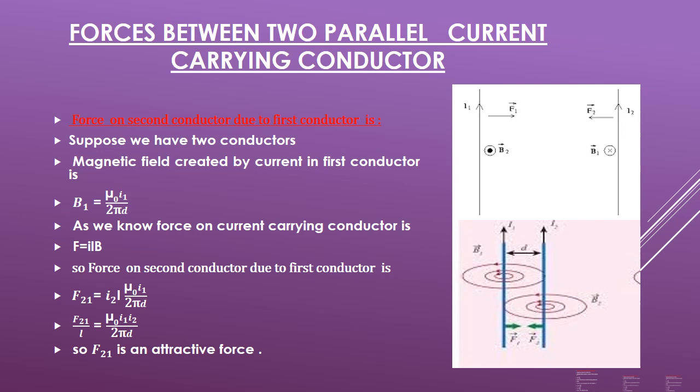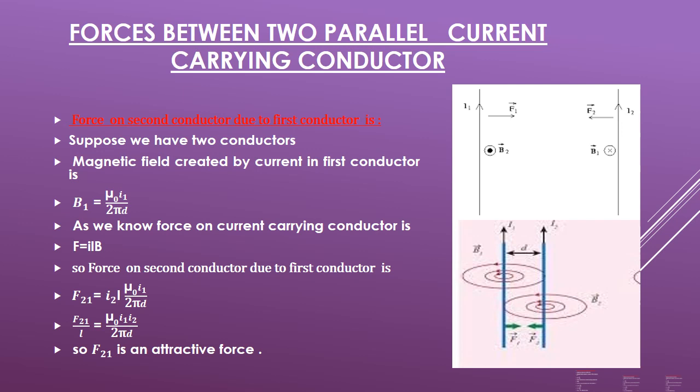Now the conductor 2, carrying current I2, is lying in the magnetic field which has magnetic field strength given by B1 equals mu naught I1 upon 2 pi D. Now what is the force of this? Force on conductor 2 due to conductor 1 is F21 equals I2 L B1.